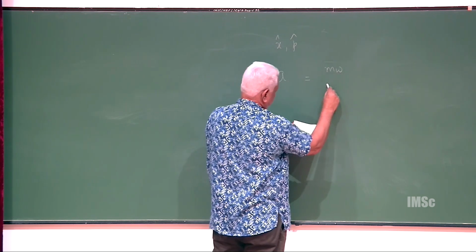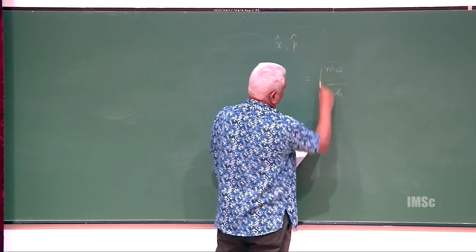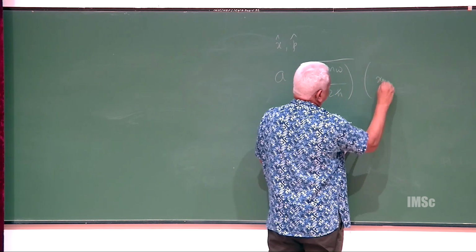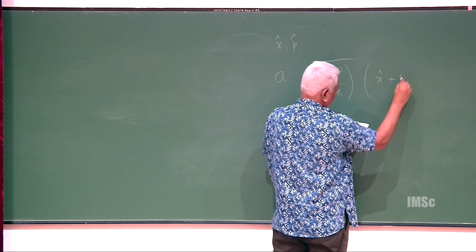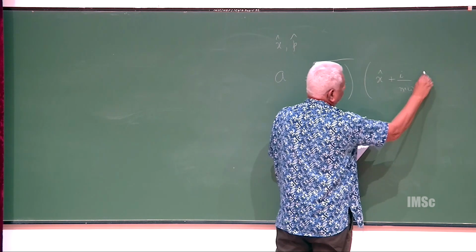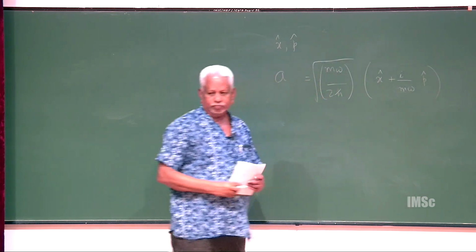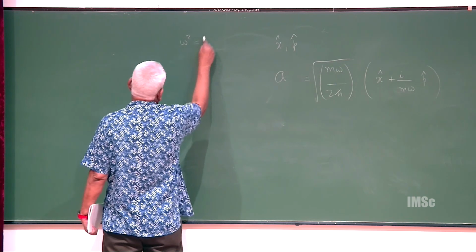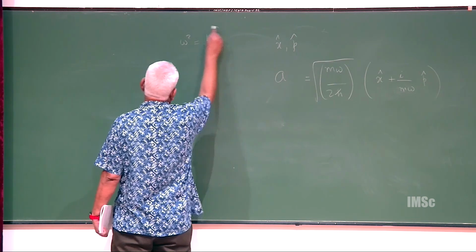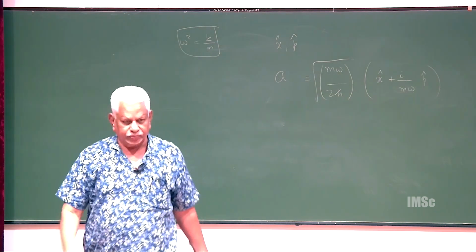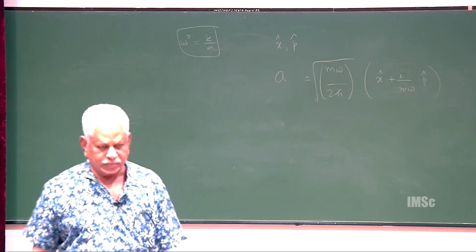A is square root of m omega by 2 h bar times x hat plus i by m omega p hat. I'll tell you what omega is. Omega square is k by m. This is the frequency of the oscillator. The oscillator oscillates with that frequency.